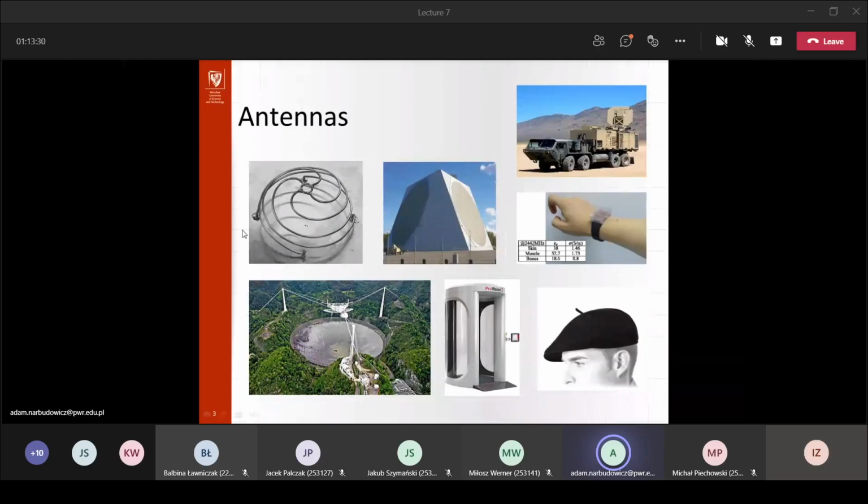Then highly miniaturized ones: we know wearable antennas on top of watches, and antennas embedded into clothing. So in that case, there is a military application of having a GPS antenna integrated into a military beret.